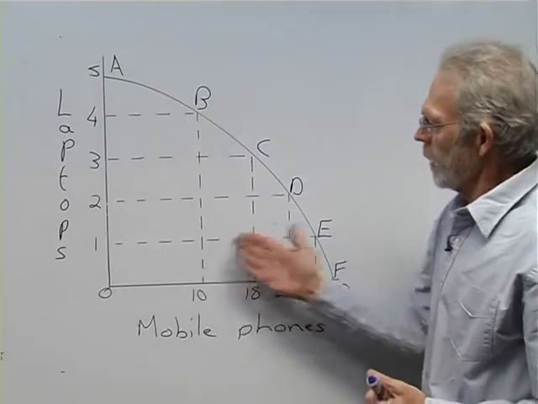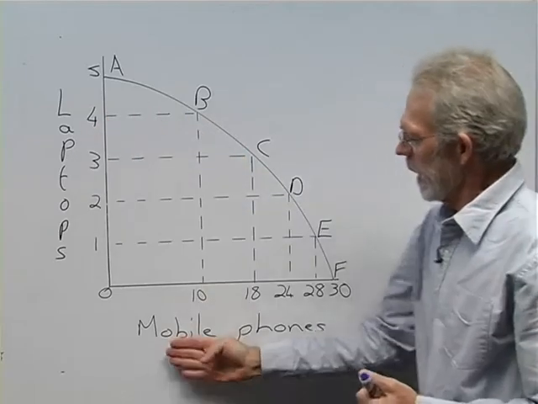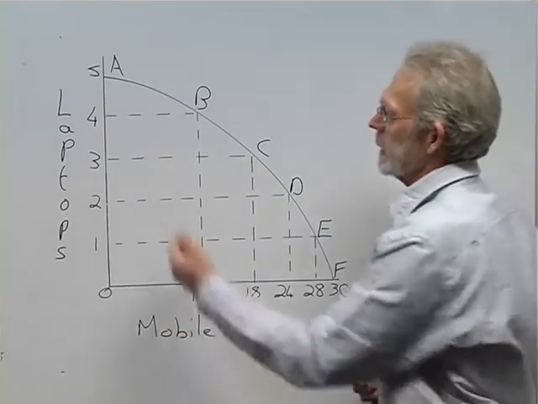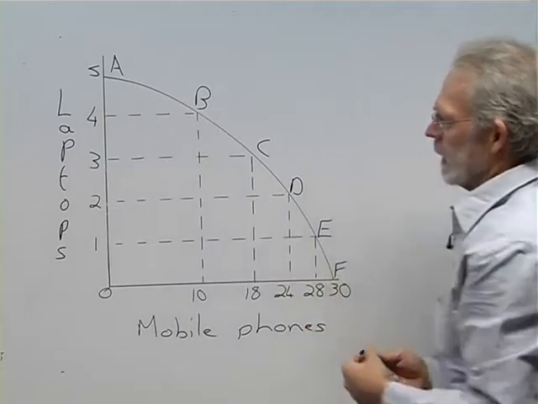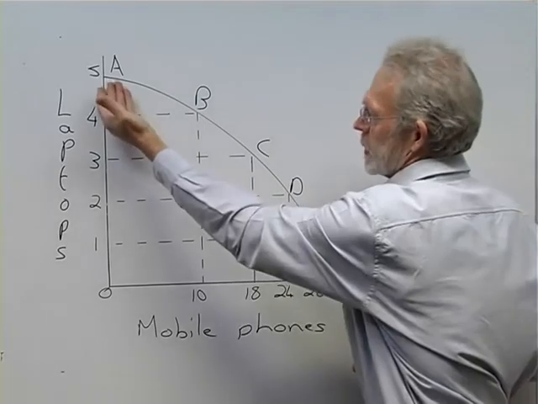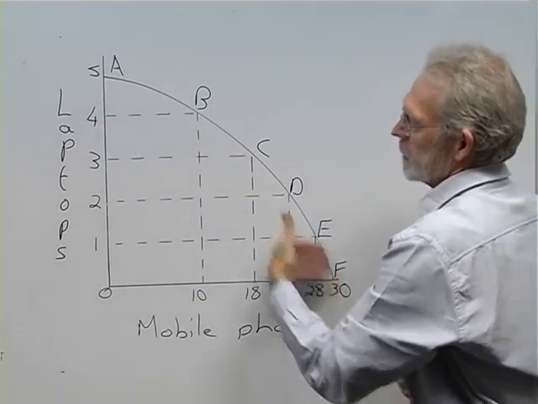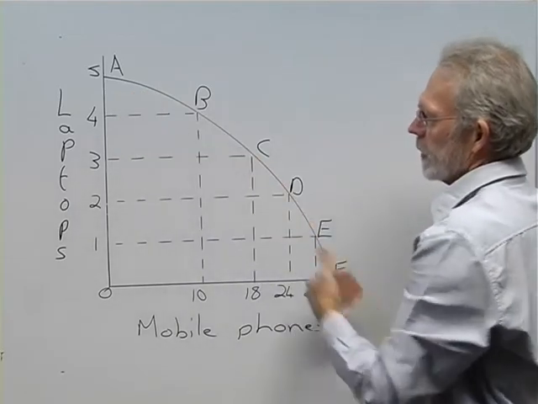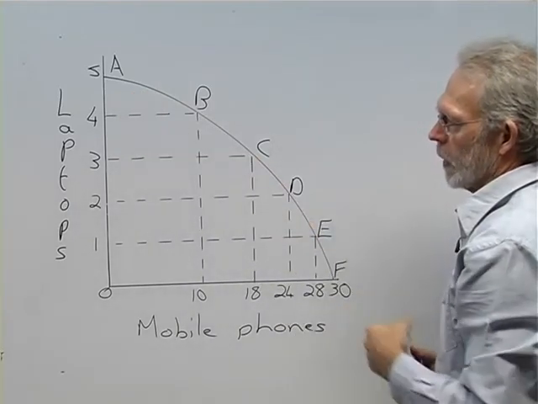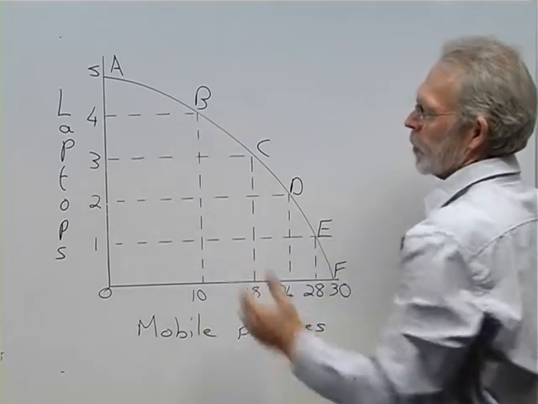We have the different combinations of laptops and mobile phones that Xanadu can produce. The maximum they can produce is depicted by the production possibility curve. We can see we have different output combinations.